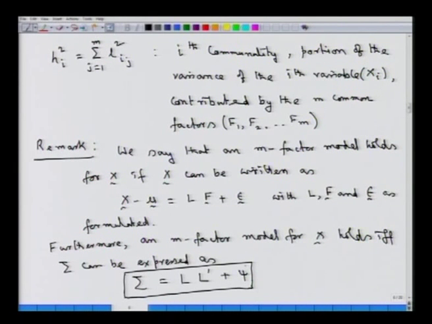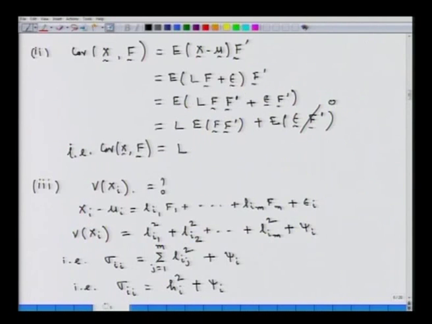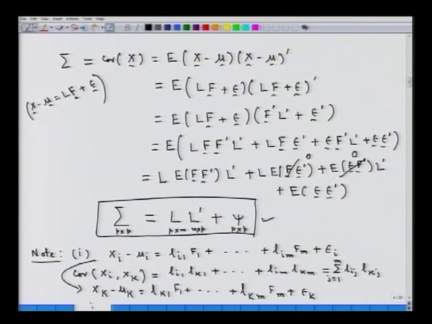That would imply that psi is a diagonal matrix with diagonal entries psi 1, psi 2, psi p. These diagonal entries are positive, because this is a variance covariance matrix attached with epsilon.